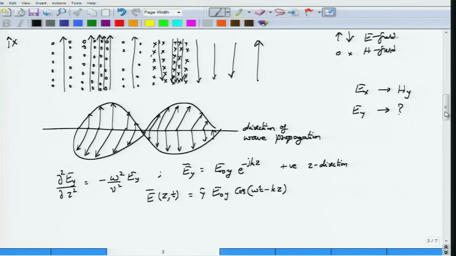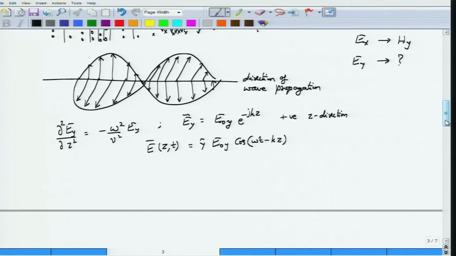Now what will happen to the magnetic field H? Well, we will not have to rederive the wave equation for this, but we can simply use the fact that there is a Maxwell's equation available to us and that Ey is a function only of z. If you look at the expression for the phasor electric field, you will see that the curl will have only the x component.